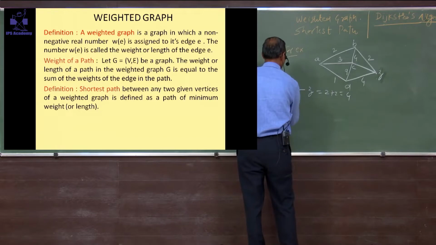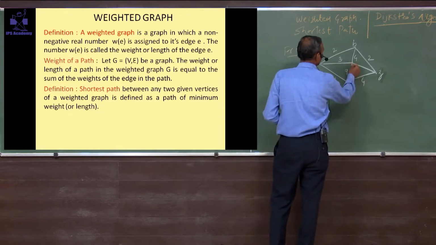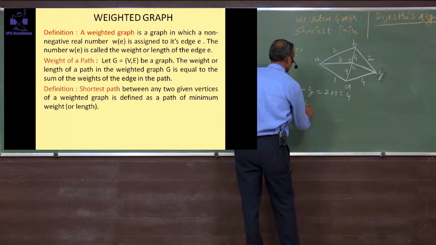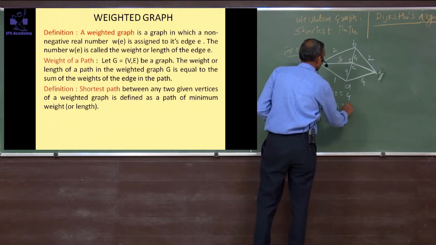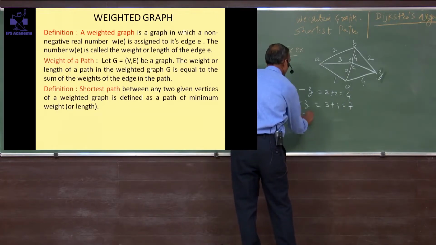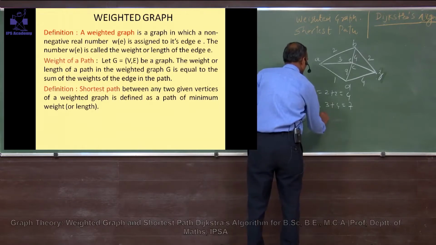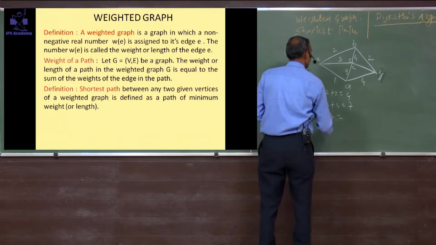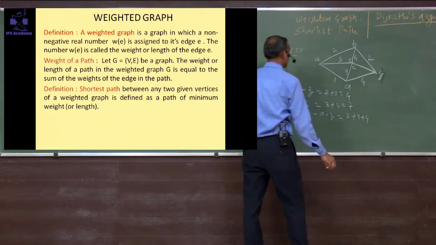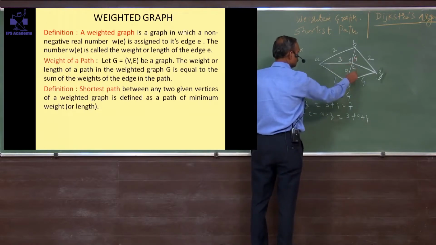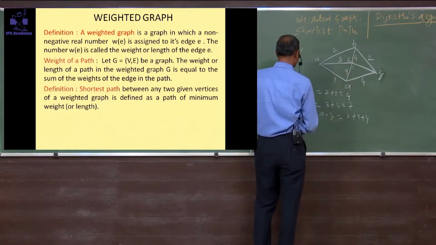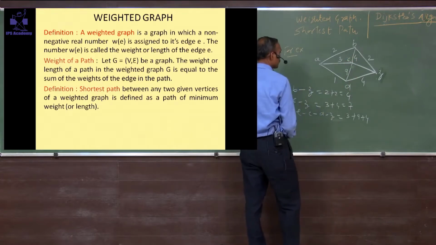Another path is A to E to Z, which equals 3 plus 4 equals 7. Another path is A to C to Z, which equals 3 plus 7.